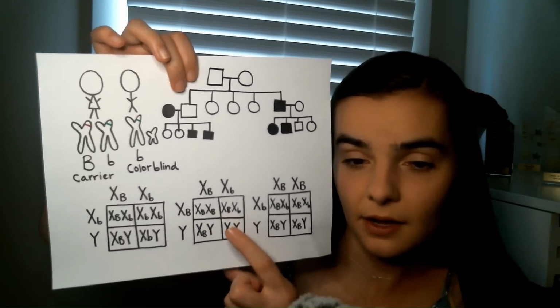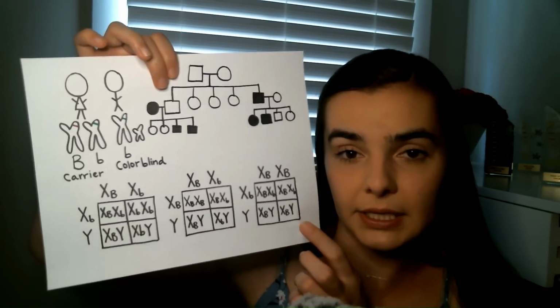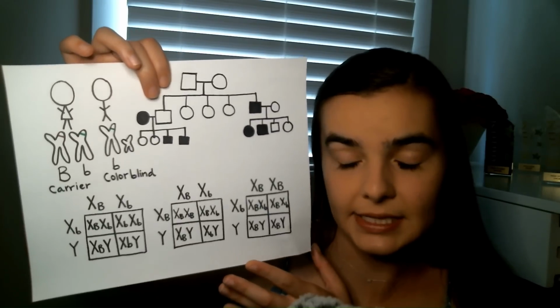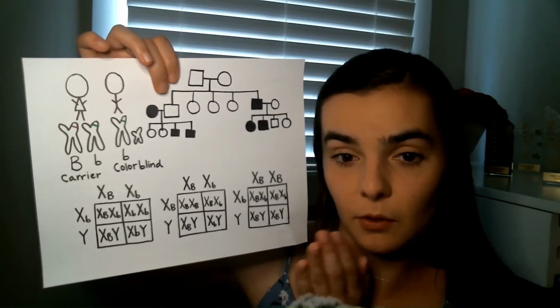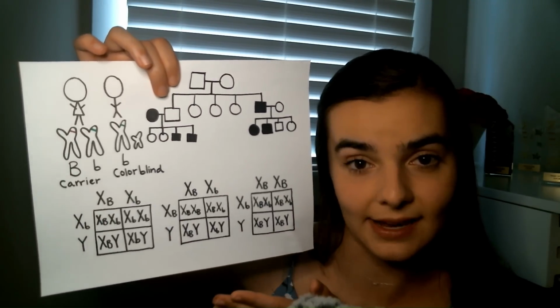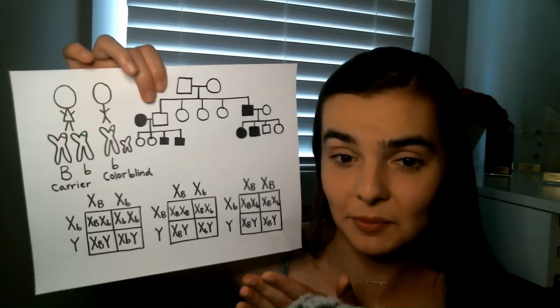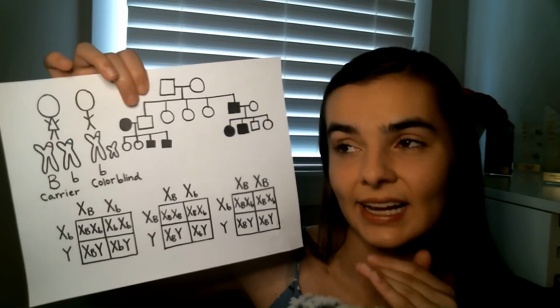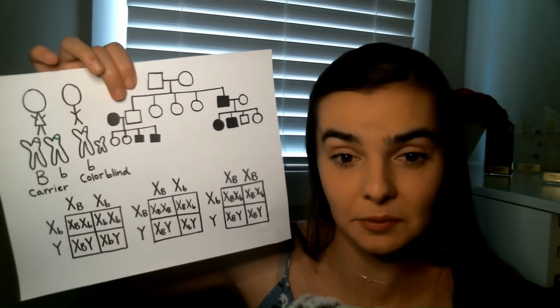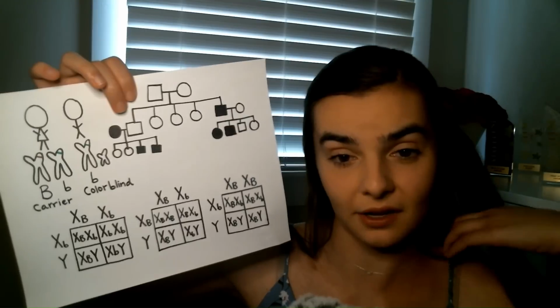So none of the girls are going to be affected with color blindness because they're all gonna get the one X that the father has. And if the father's not colorblind, he cannot pass on the color blindness gene to his daughter. And so she can't be colorblind. She could be a carrier, but she's not going to be colorblind.